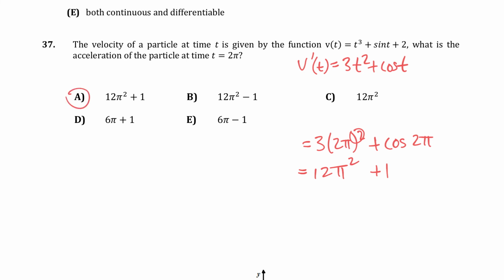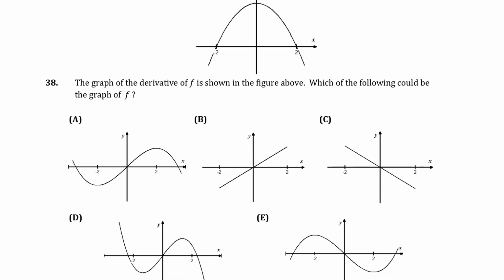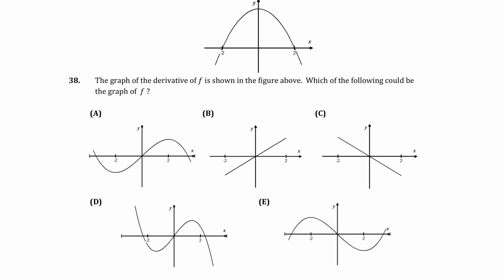A. Super. Whew, 40 questions, almost done here. Ooh, yeah, the graphs right here. The graph of the derivative of f is shown in the figure above. Which of the following could be the graph of just f? Okay, so remember, this is the derivative here. So this is the slope of the curve.